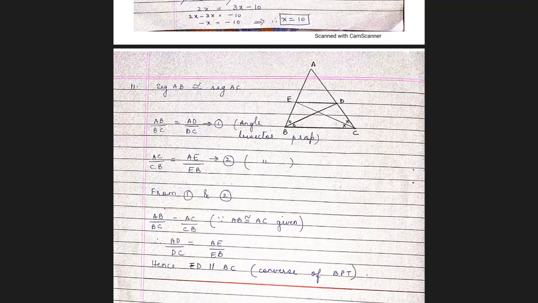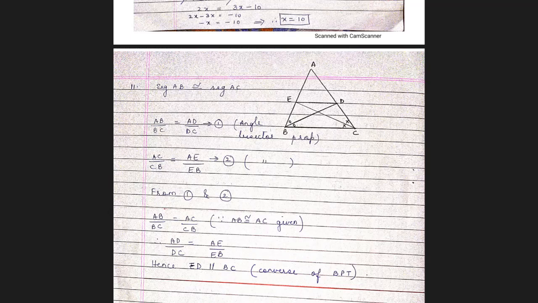So from 1 and 2, what do I get? I get that the right-hand sides should be equal to each other. Since AB is given congruent to AC, it follows that AD upon DC is equal to AE upon EB.